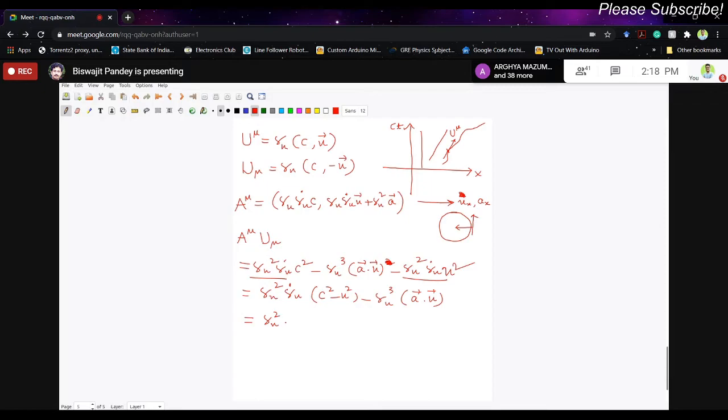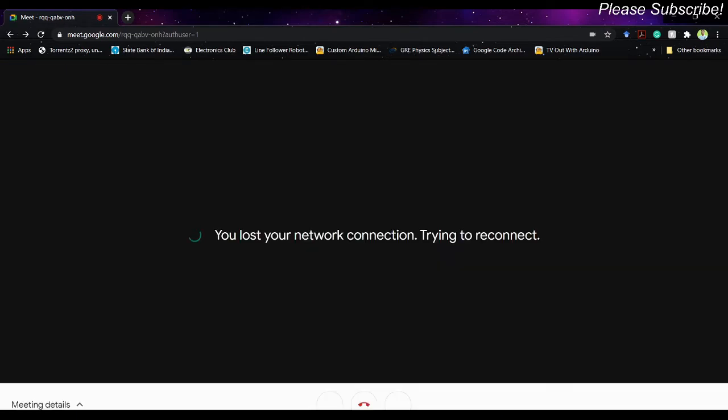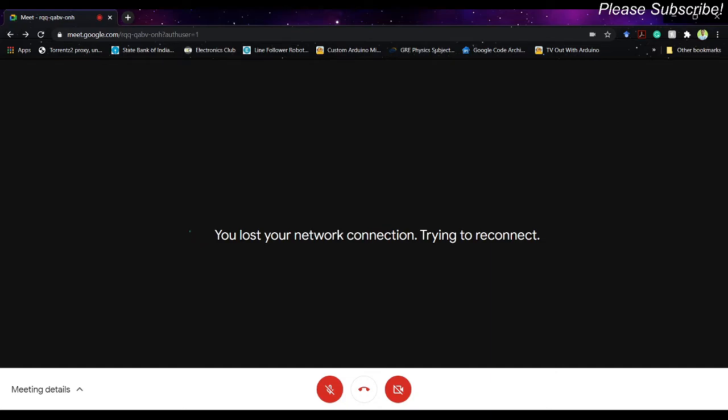Then it is equal to γ_u squared γ_u dot c squared times one minus, and then γ_u cubed a·u by c.